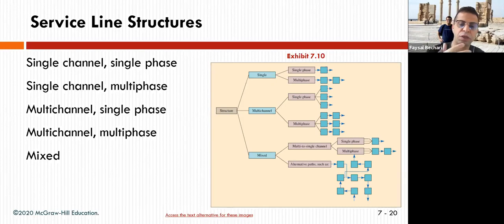It could be multiple channel, multiple phase. When you have the mix of that, it is a combination of how you're going to work out the timing and the service that you're going to provide, utilizing all these options if they are available to you.